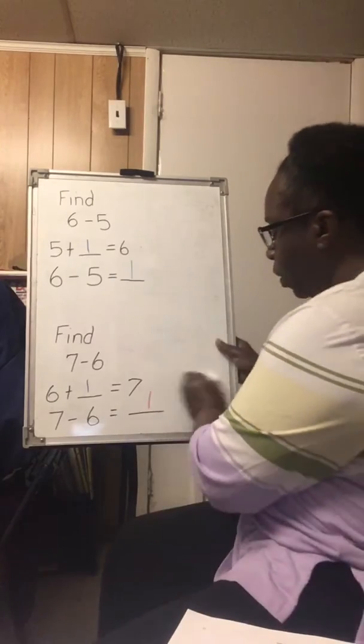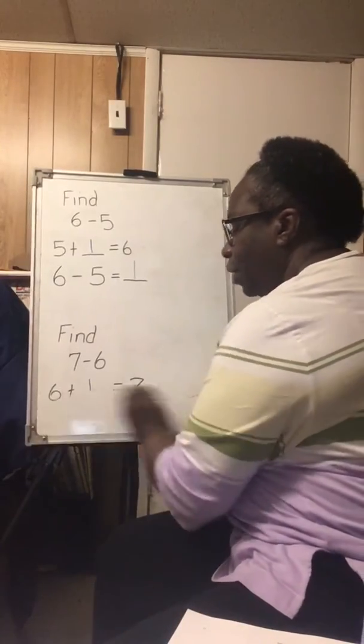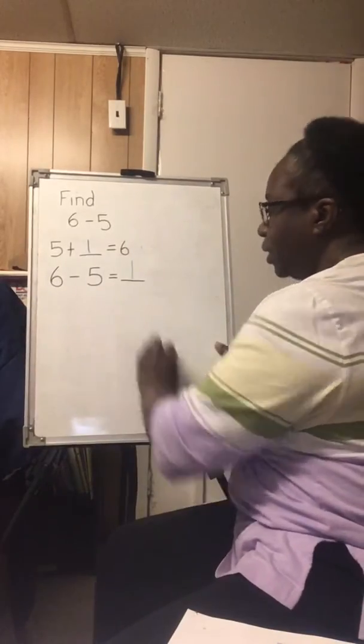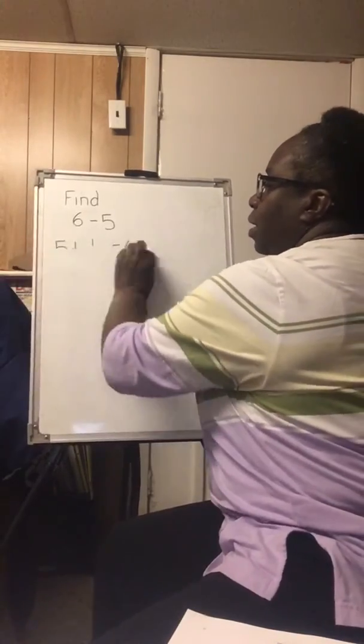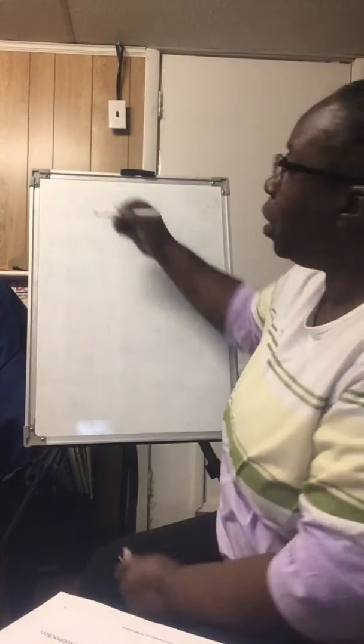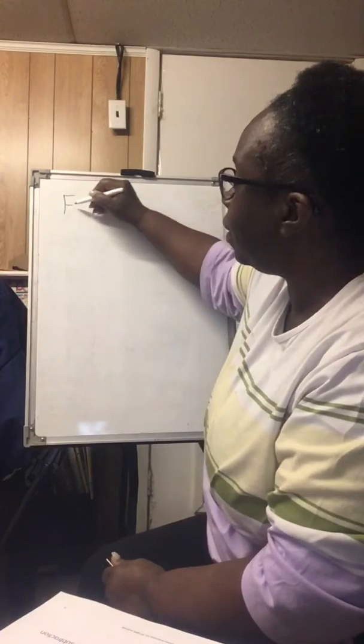Okay, let's work one more together. Let me take these off, and we're going to do one more together, okay? And I'm hoping you understand what we're doing. So let's do number 3. Number 3 on your sheet says 5 minus 2.